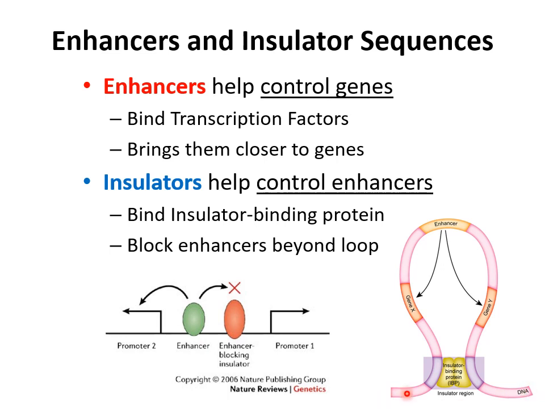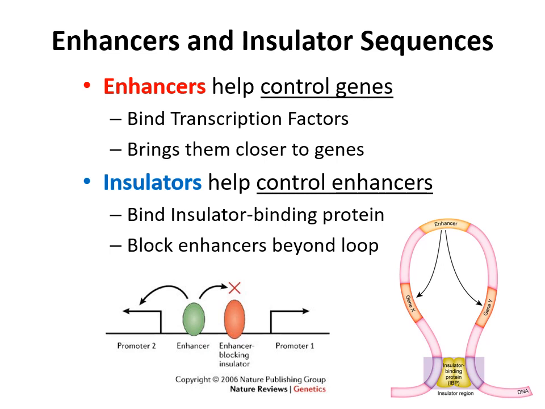So thanks to these insulators and their insulator binding proteins, this enhancer can only help activate the genes within the loop, not further down along the rest of the chromosome, because you don't want the enhancer activating all the genes along that chromosome. You only want it helping to activate certain ones.